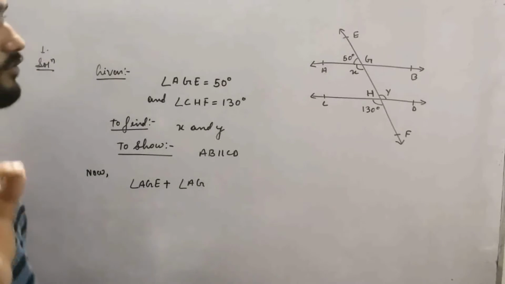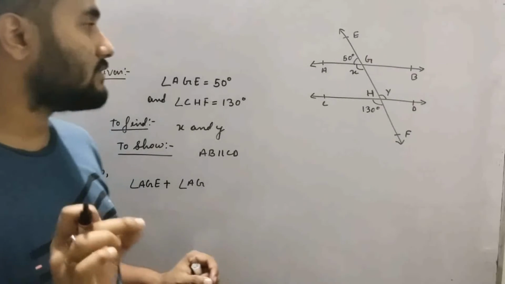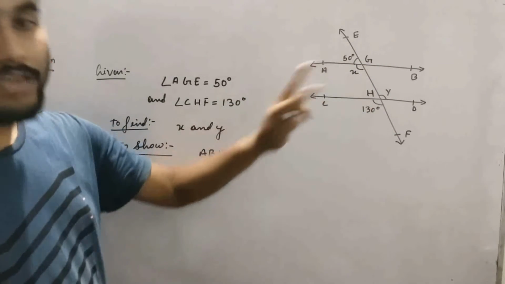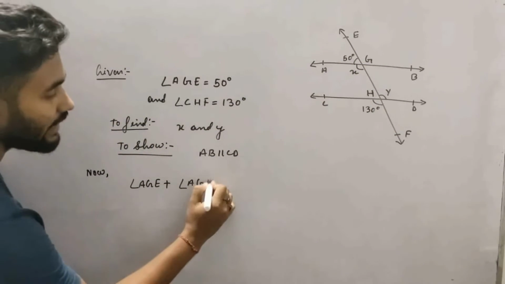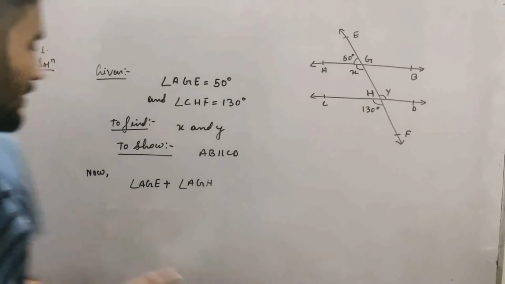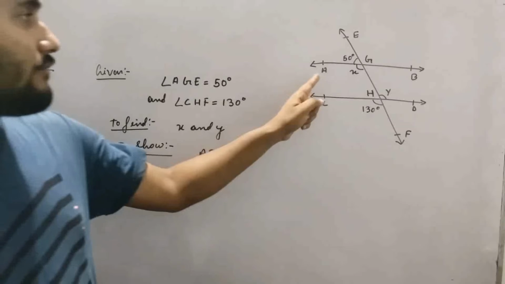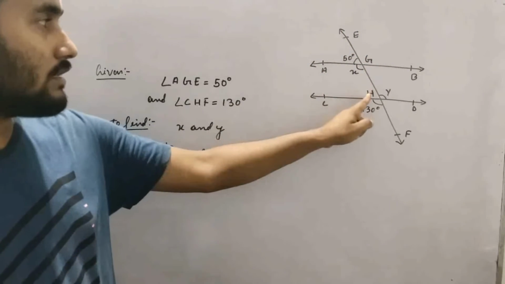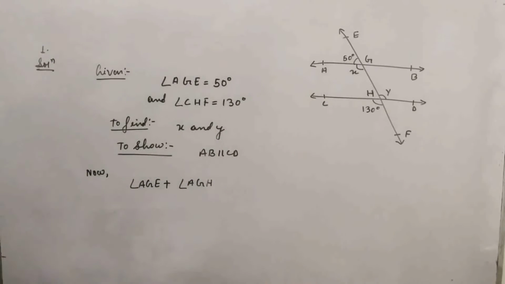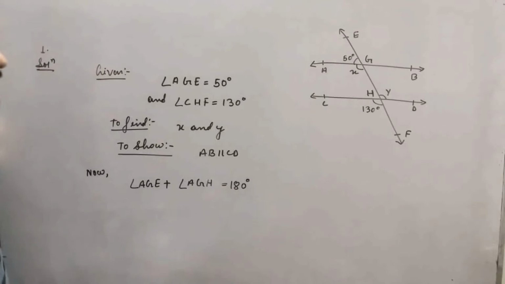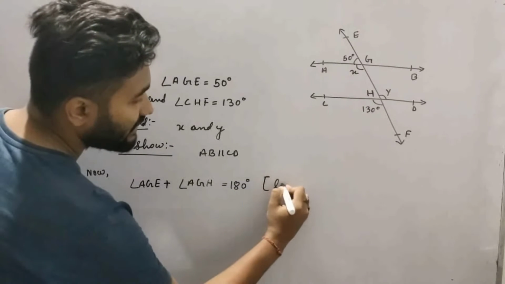Please be very careful. That's why I said AGH, not Y. Don't write X and Y, as X and Y are measurements. Check carefully: AGE, AG and H. So AGE plus AGH will be equal to 180 degrees. The reason you write is linear pair.